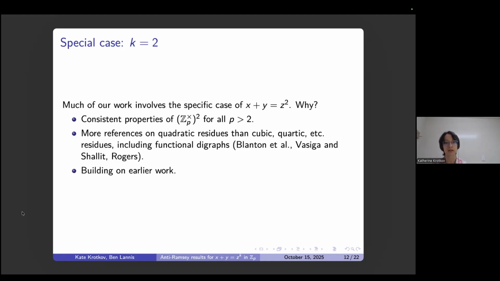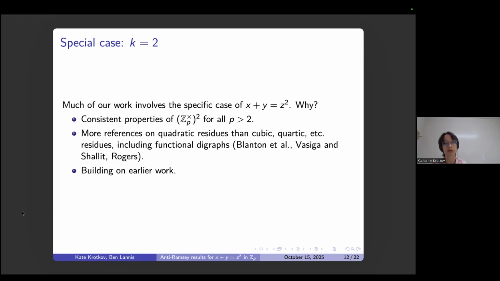And also part of the reason why we're starting with k equal to 2 is because of similar work with the nonlinear counterpart with subtraction. Jean started with characterizing x minus y equals z squared, and then Insaldi et al. built on it later to produce their results.